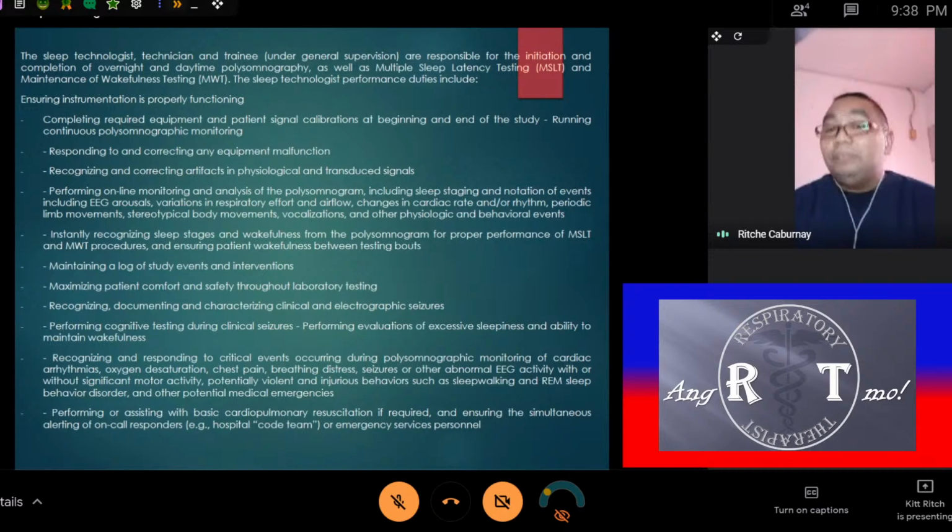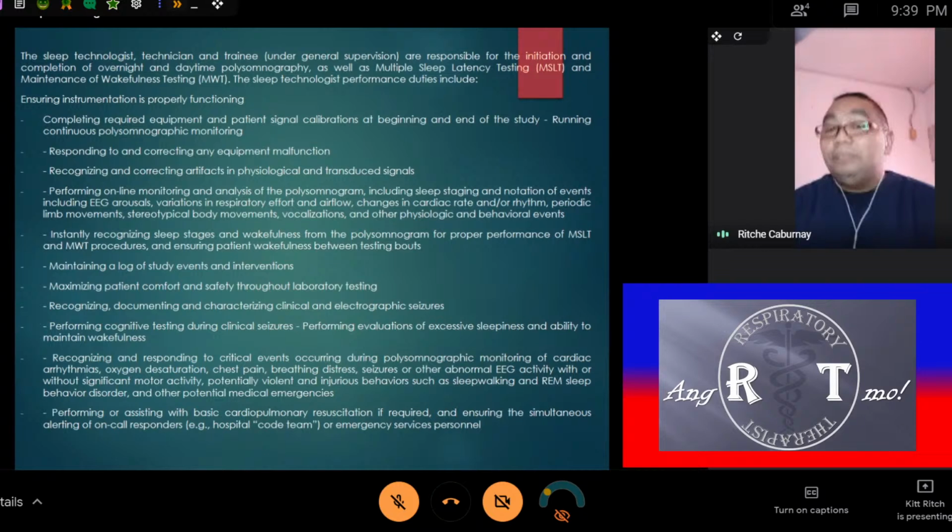You also need to recognize and respond to clinical events occurring during polysomnographic monitoring of cardiac arrhythmias. So probably the patient has a history of hypertension, or has arrhythmias while they are in a specific position, or has a cardiac pacemaker that is attached to their body.